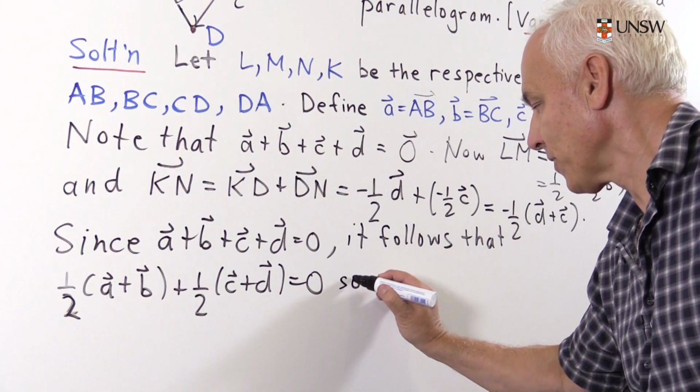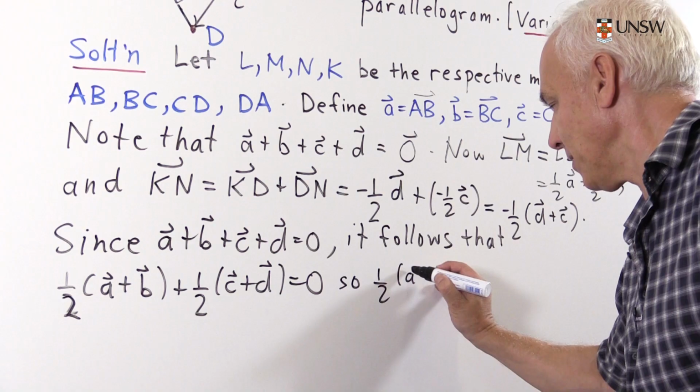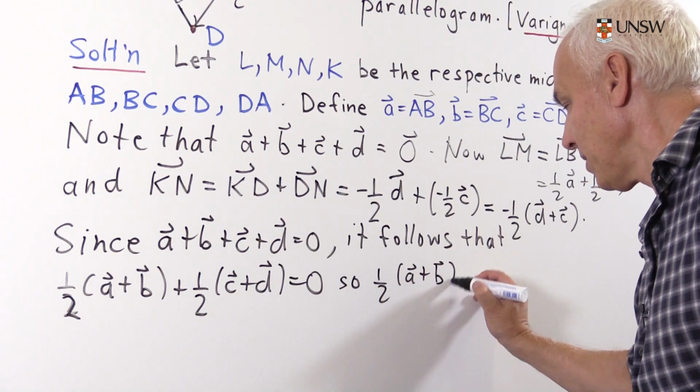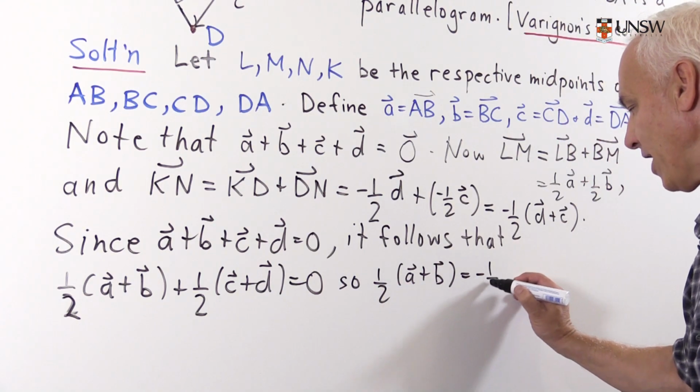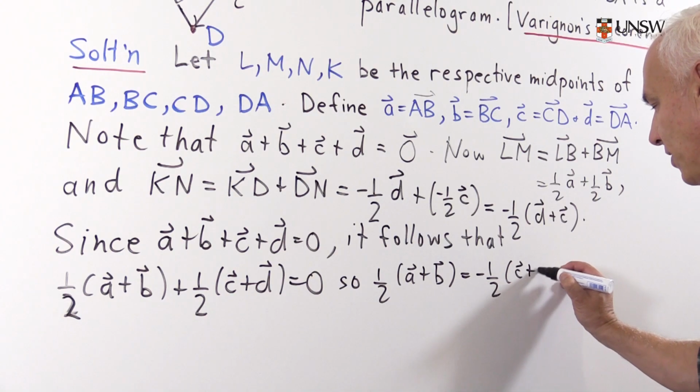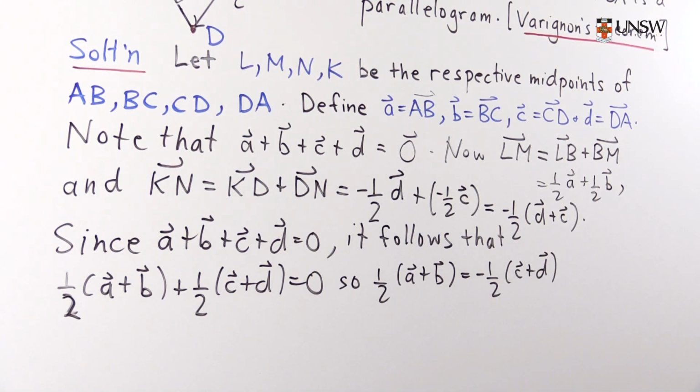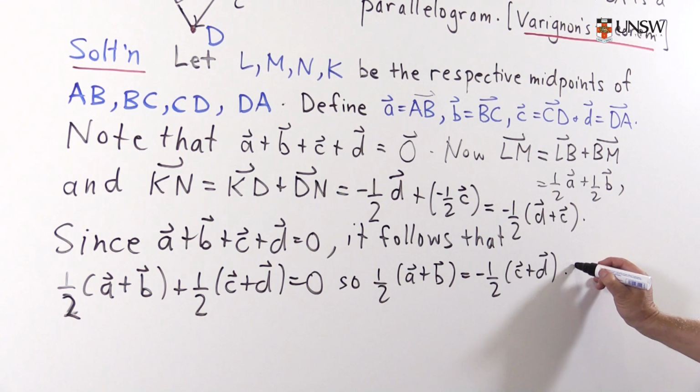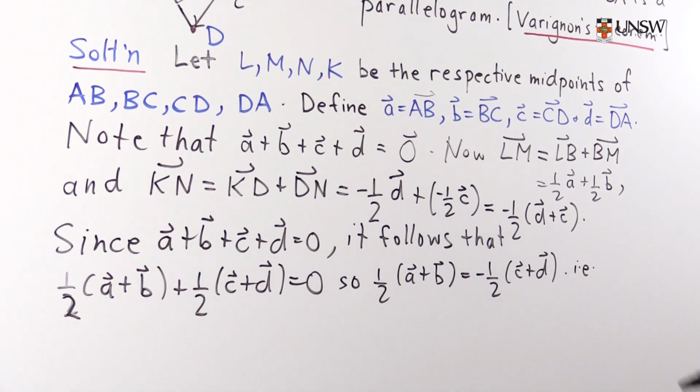And so 1/2 of (a plus b) equals minus 1/2 of (c plus d), i.e., we've just shown that LM equals KN.